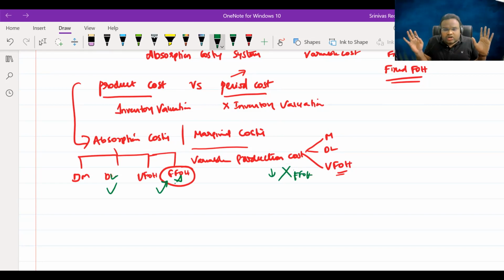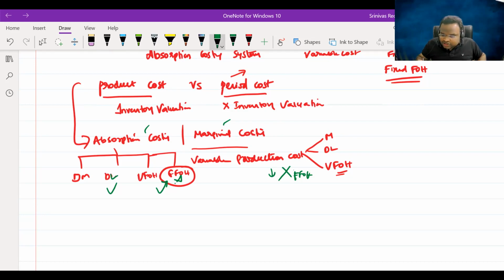And all remaining costs are period costs, either under absorption costing or marginal costing. That means the variation between absorption costing and marginal costing is purely because of the consideration of fixed factory overheads as product cost under absorption costing, whereas marginal costing treats any fixed cost as a period cost. I repeat: under marginal costing, any fixed overheads or fixed cost is a period cost.